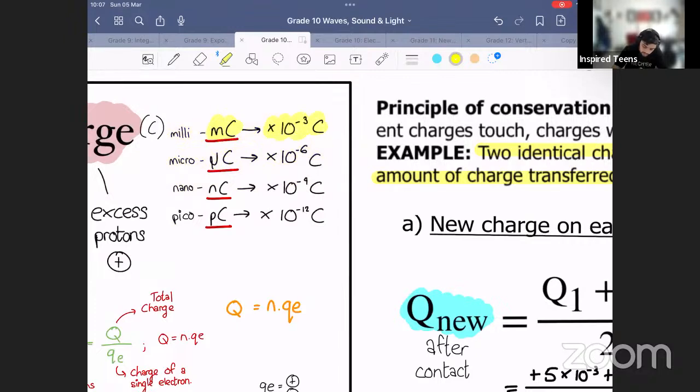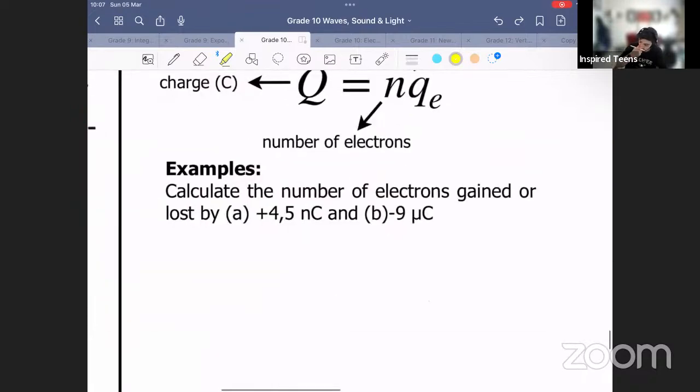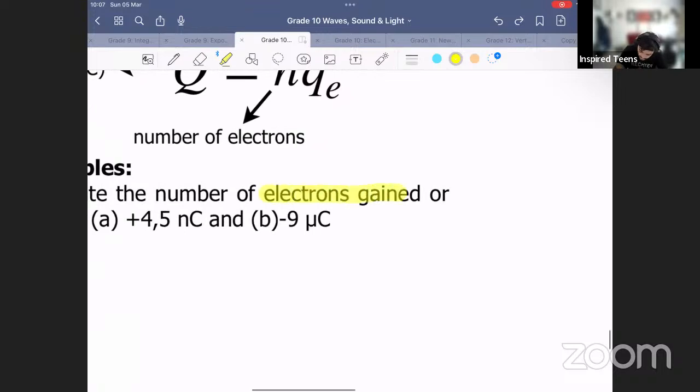If it's not given in coulombs, if it's given in one of these four, we convert it to coulombs by multiplying by each respective scientific notation. So in this case, if you want to calculate the number of excess electrons or excess protons, or electrons gained or electrons lost, because those are similar concepts, electrons gained is going to lead to excess electrons.